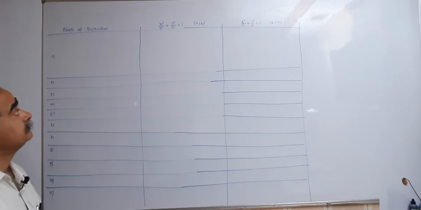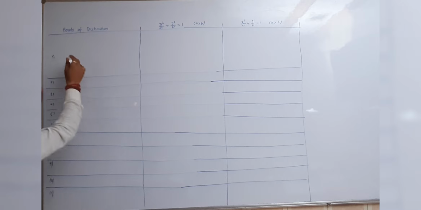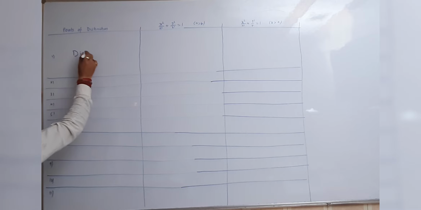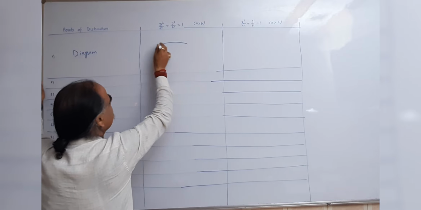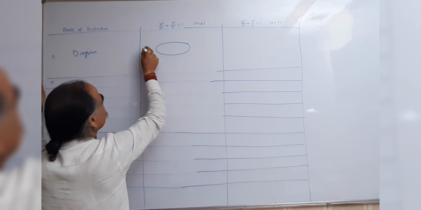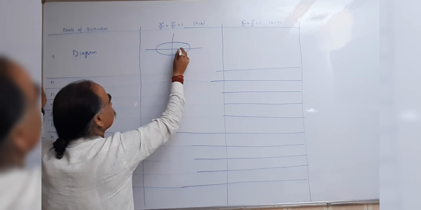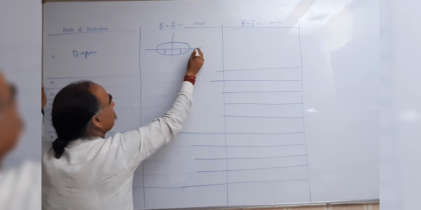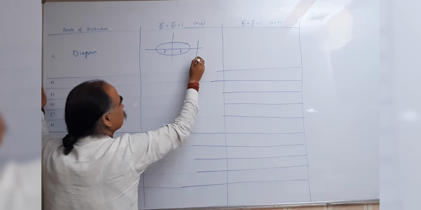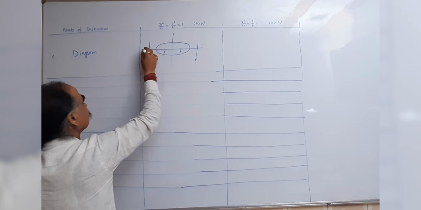First is the diagram. a greater than b means like this. These are foci. These are two directrices.